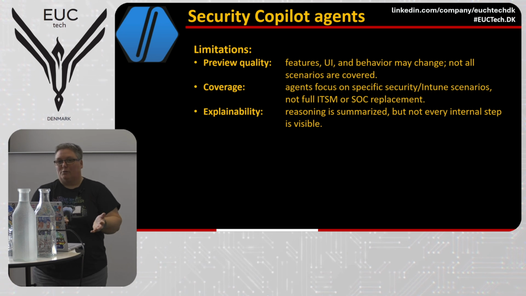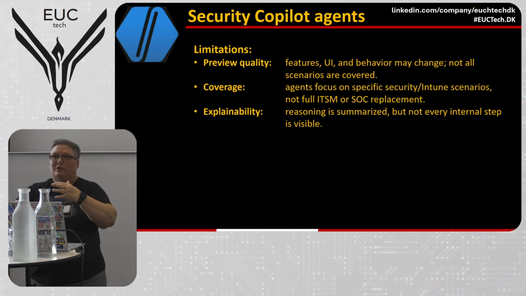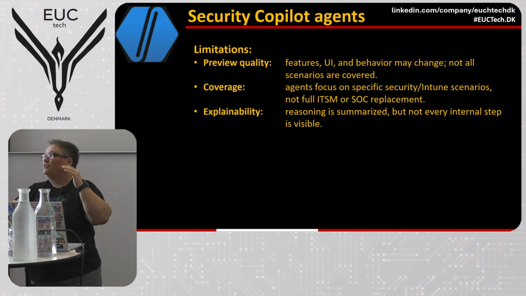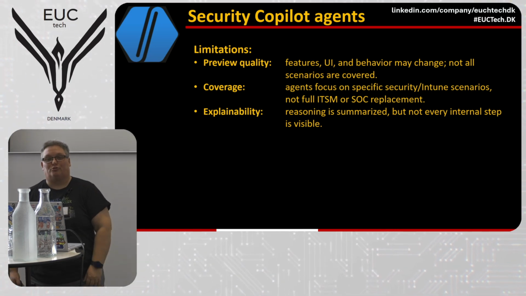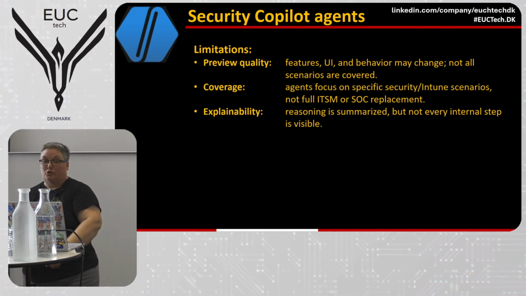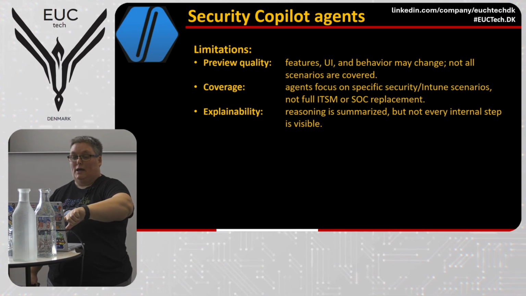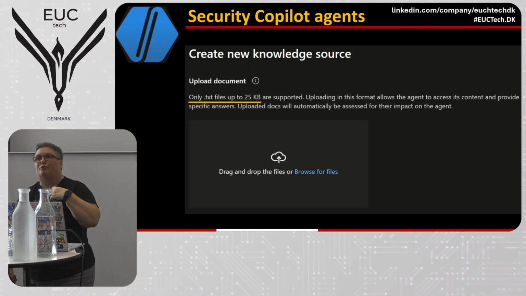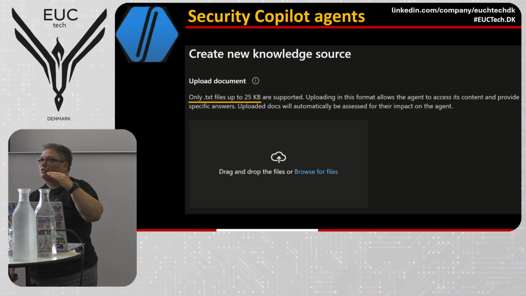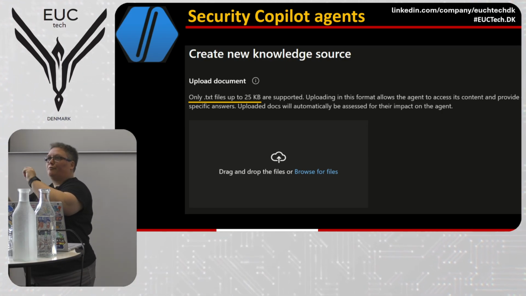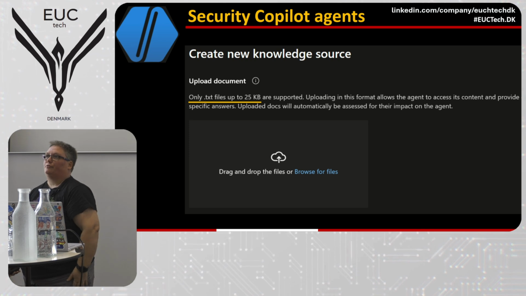Looking at the limitations, as I mentioned, it's still like fluid because it's preview. That's the disclaimer that, of course, Microsoft uses. It's very focused on that specific task, so just for policies, thank you very much. And I do like the reasoning, but for me it still feels like it's just a quick summary. And I would also like the option to really follow the thought process of the agent.